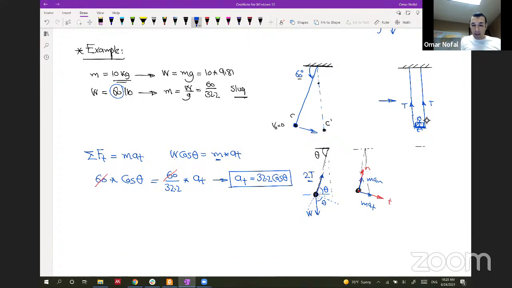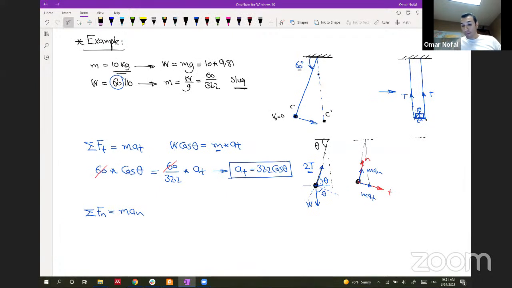So let's get the normal direction. Summation of Fn equal to m multiplied by the normal acceleration. So we have 2T in the direction of n, and we have negative W sine theta, the component of W, will be equal to the mass, which will be 60 over 32.2, multiplied by v tangent square over the radius.